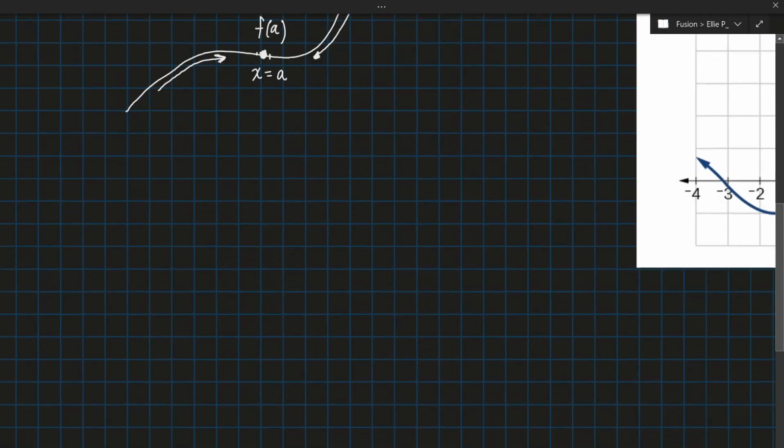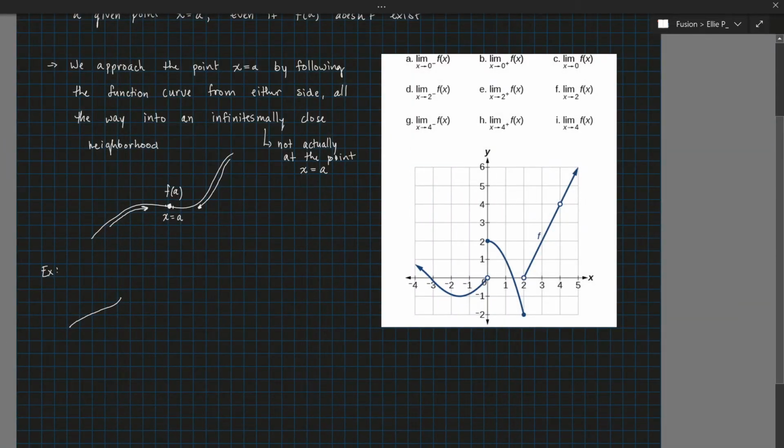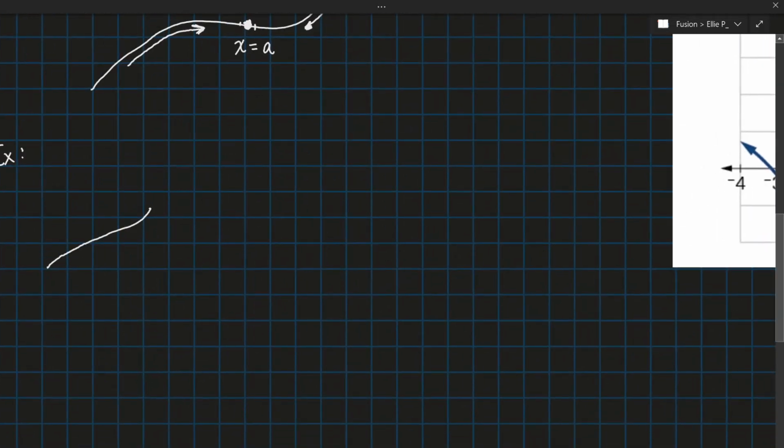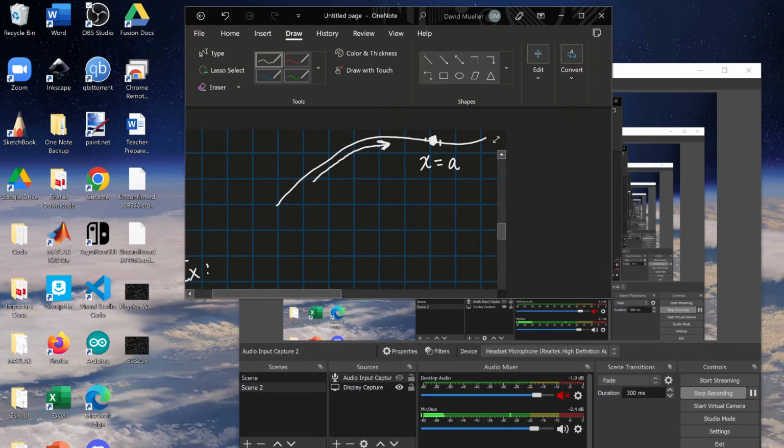For example, let's say we had a function, actually let me draw an axis first.